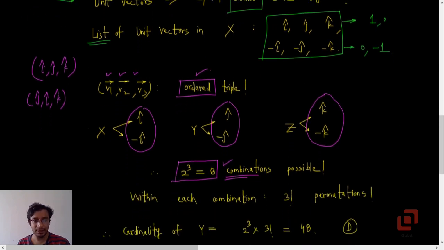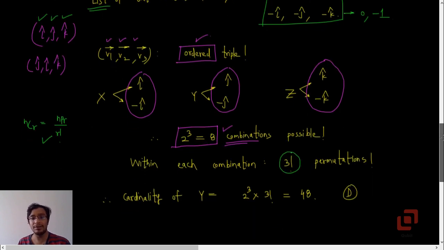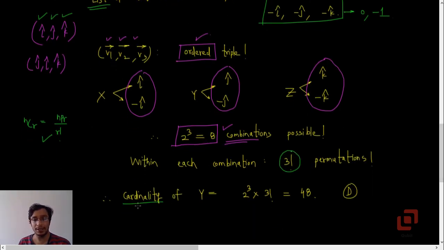Yes. For that we need to recall the formula for combinations. nCr is nPr upon r factorial, isn't it? So to find the number of permutations, we must multiply nCr by r factorial. So within each combination there are 3 factorial permutations, because there are 3 elements. Which means how many elements will be there in Y, or the cardinality of Y?